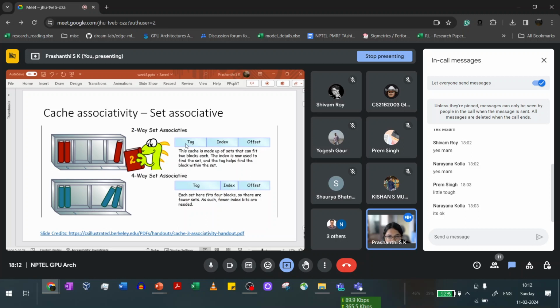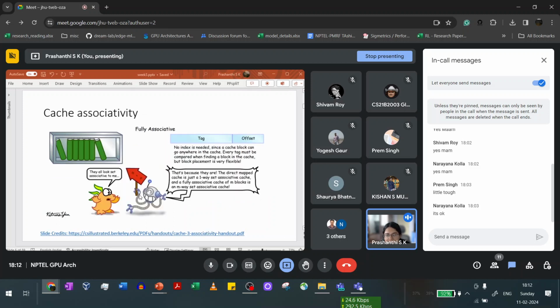Notice that the tag widens here and the index shortens, because the index is just needed to find the set. Here you have 4 sets, here you have 2 sets. This is what happens as you increase the n in the n-way set associative. So this is set associativity.